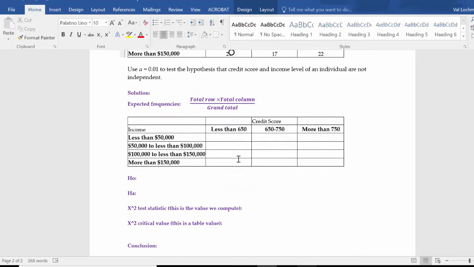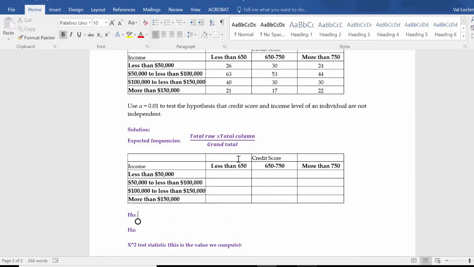We want to see if the two variables are independent. Let's take a look at what we got here. Okay, the null hypothesis will always say that rows and columns are independent. So that's a generic statement. In the context of the problem, we will say credit score and income level are independent. Okay, you can also say that they're not related.